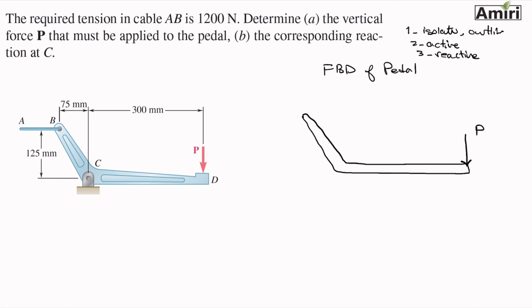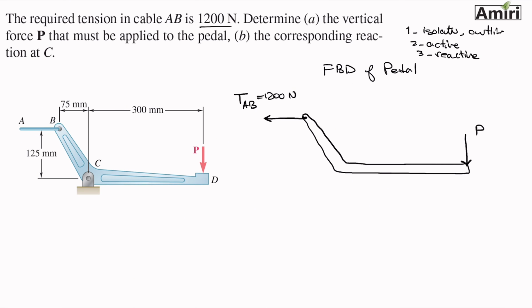I've explained in previous examples too, this tension in cable AB, some take it as active, some take it as reactive. Doesn't matter, as long as you don't forget to add it. It's a tension, meaning it's going away. TAB, the value is given to be 1200 newtons.